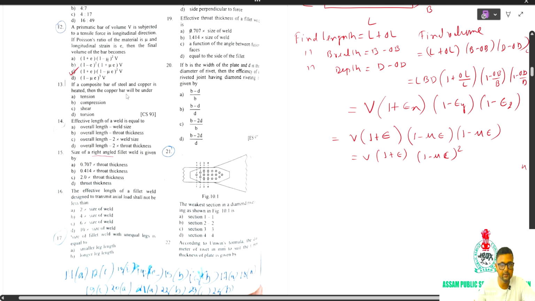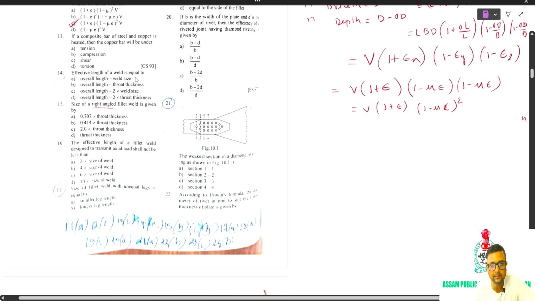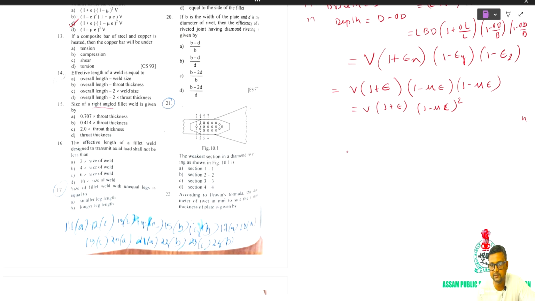Now this question is: a composite bar of steel and copper is heated. The copper bar will be under what? Obviously tension, why?